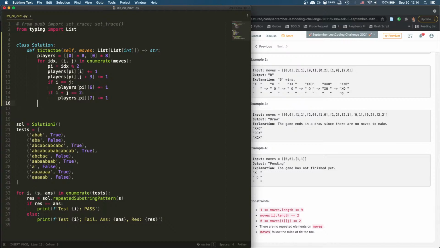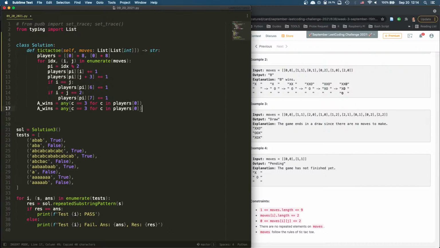So A wins, right? A wins equals any player. So for c in players[0], c equals 3.